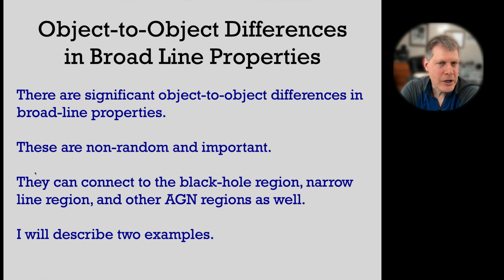And that's what I write down here, that these fascinating object-to-object differences, which are non-random and important, can connect to the black hole region, to the narrow line region, and to other AGN regions. But they often manifest themselves prominently for the broad line region, so I will talk about them here. And in particular, in the next few slides, I'm going to describe 2 notable examples.